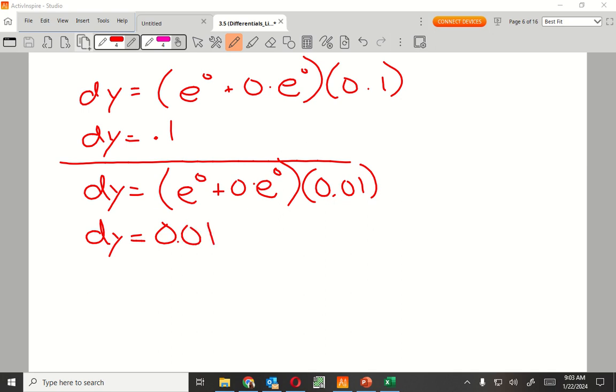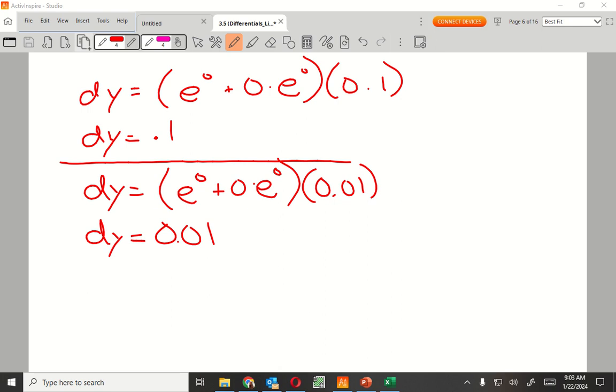So what does that say about my slope? As it's approaching 0, what is my slope doing? My delta y keeps getting smaller and smaller and smaller. So as this approaches 0, this keeps getting smaller too, doesn't it?